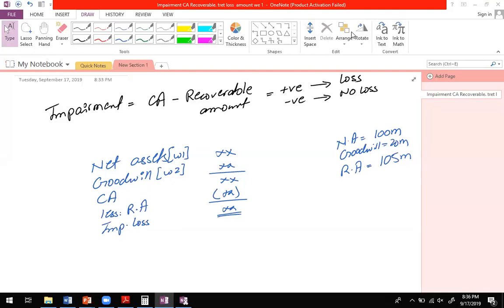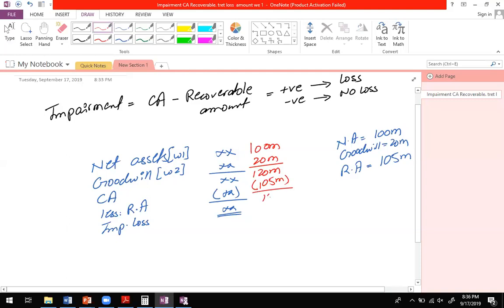Okay, $15 million is the answer from everyone, and that is right. Why? Because $100 million is the net assets, $20 million is the goodwill. So the carrying amount is going to be 120 million less 105 million, and we are going to get the impairment loss of 15 million, and this 15 million of the loss should first be recorded against the goodwill, because as per IAS 36 we recognize the loss first in the goodwill.